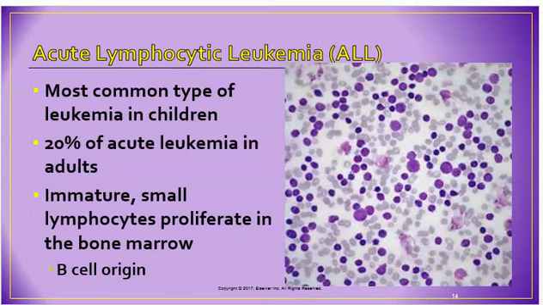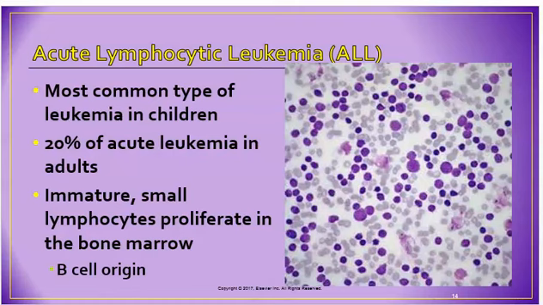So ALL is the most common type of leukemia in kids, 20% of acute leukemia in adults. This one you will see immature small lymphocytes in the bone marrow. And this has to do with B-cell origin. Now, most of the kids present with a fever, bleeding, bruising, they're tired, maybe progressively weaker, and pain.